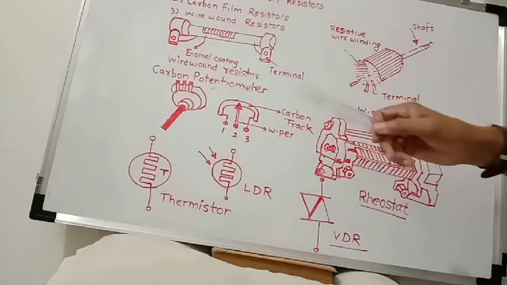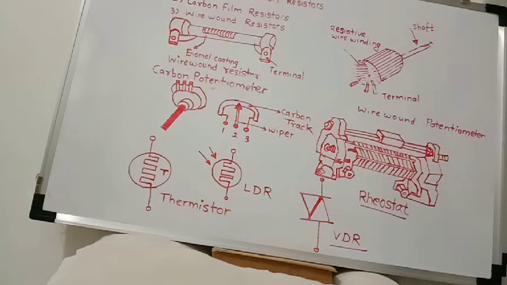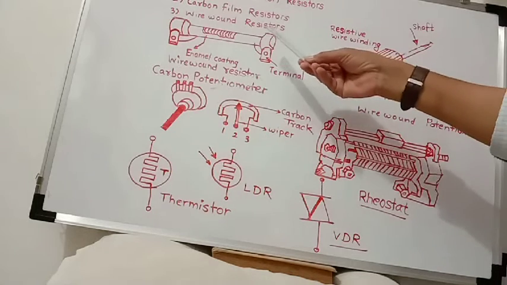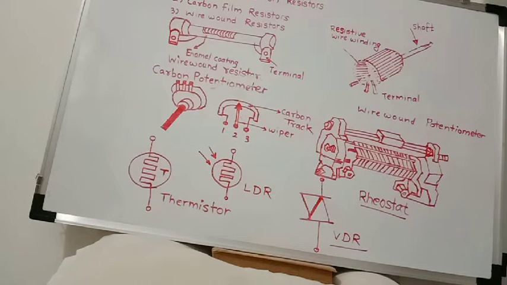The resistance range is from fractions of ohms up to 100 kilo ohms, and the power rating is from 5 watt to 200 watt. So this is about wire wound resistors.